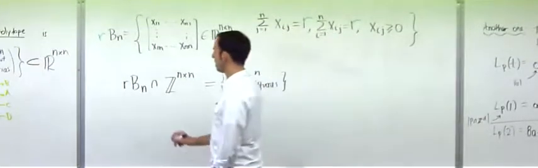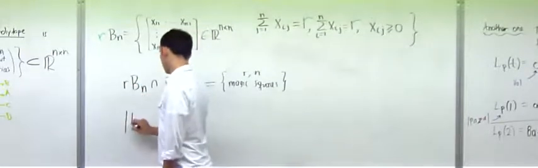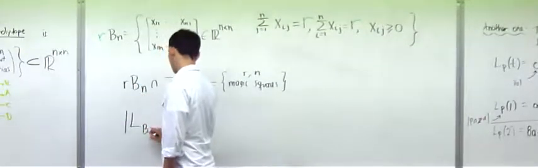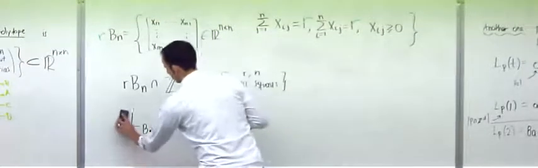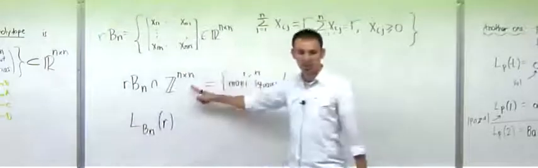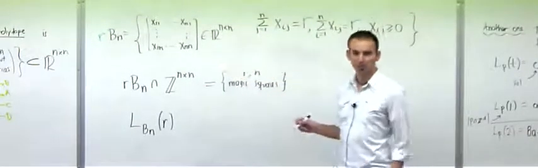And that means that if I take the Ehrhart polynomial evaluated at R, that exactly counts lattice points here, and that means that it exactly counts the solutions to that problem. Okay?